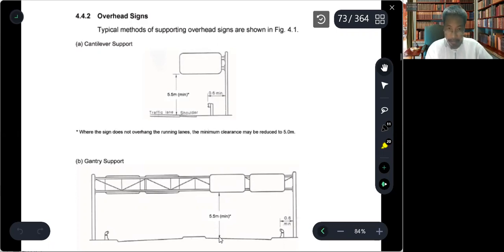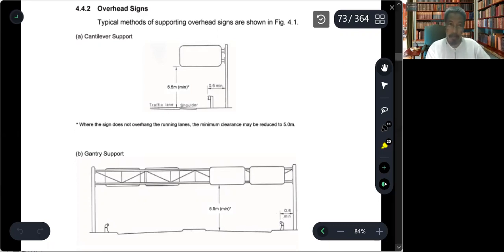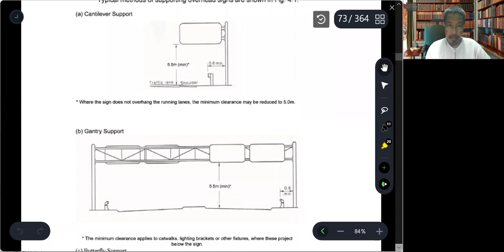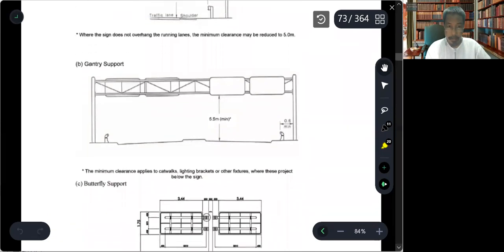Again, the height from the top of the road surface is 5.5 meters minimum, and also again 0.6 meters from the post to the safety railing on the side of the road. So those are overhead signs.